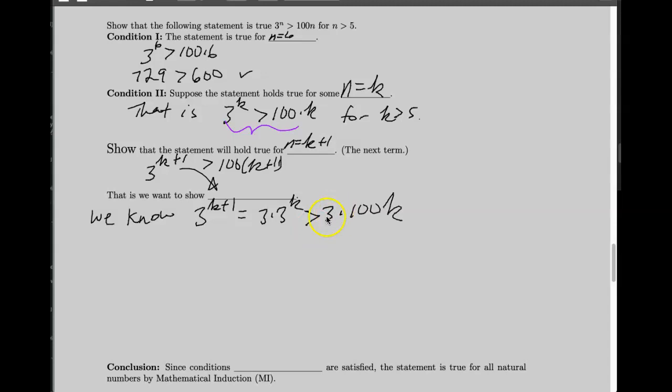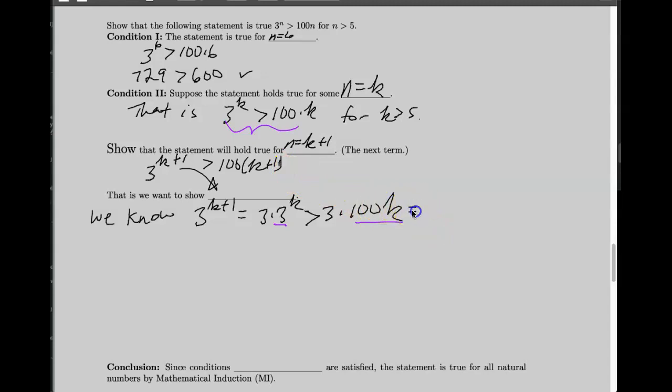So the 3 doesn't just drop, it comes along for the ride, because it was already there in the first place. And what we still want to show is that this is greater than 100 times k plus 1.